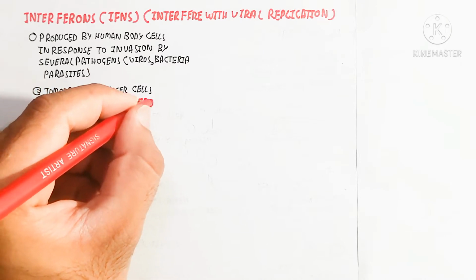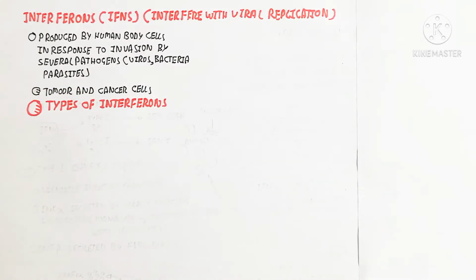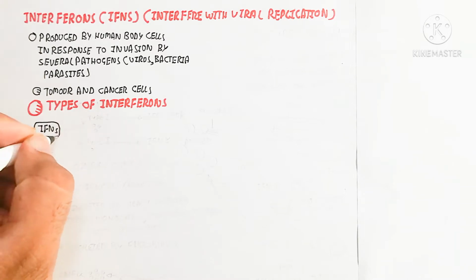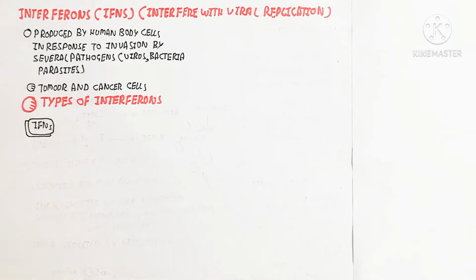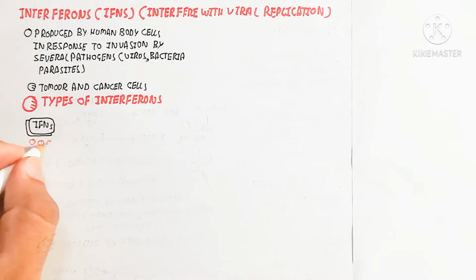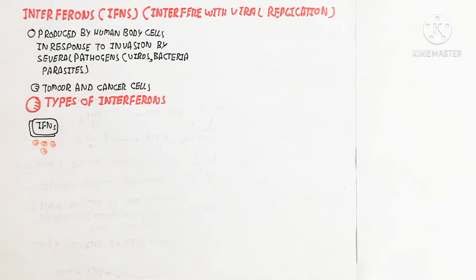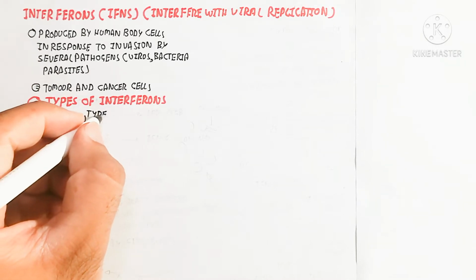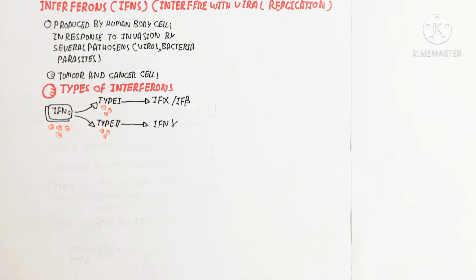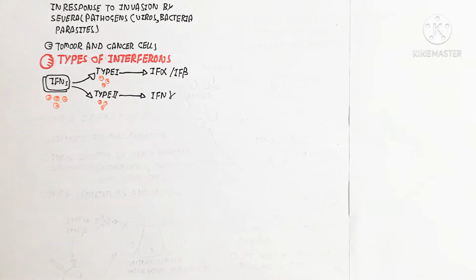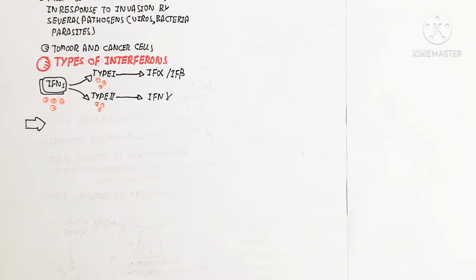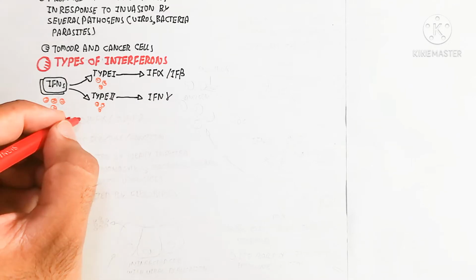We will discuss this in the diagram. There are two types of interferon, type 1 and type 2. Type 1 contains interferon alpha and interferon beta, while type 2 is interferon gamma.